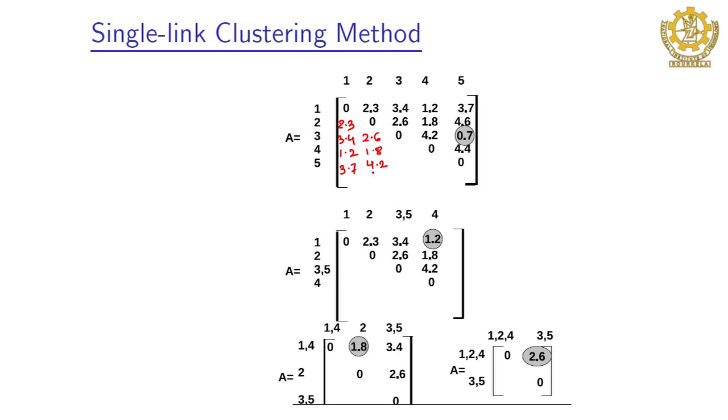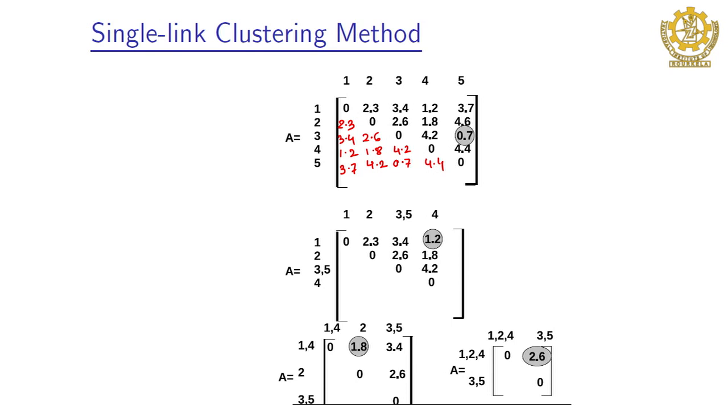I think I am doing something wrong. 1, 2, 3, 4, 5. Okay. Next, this is 4.2, this is 0.7. So here 4.4, okay, because this is symmetric.